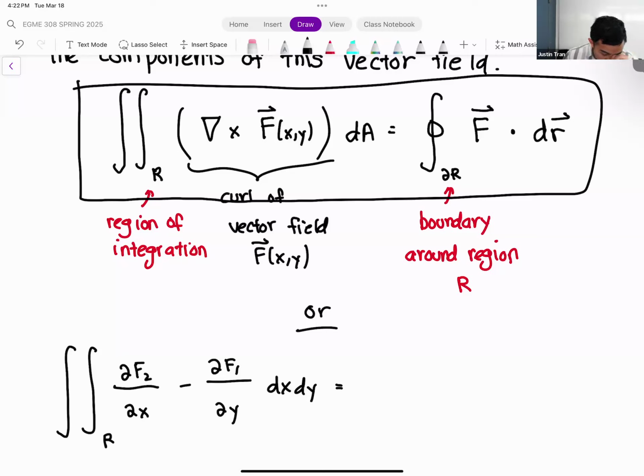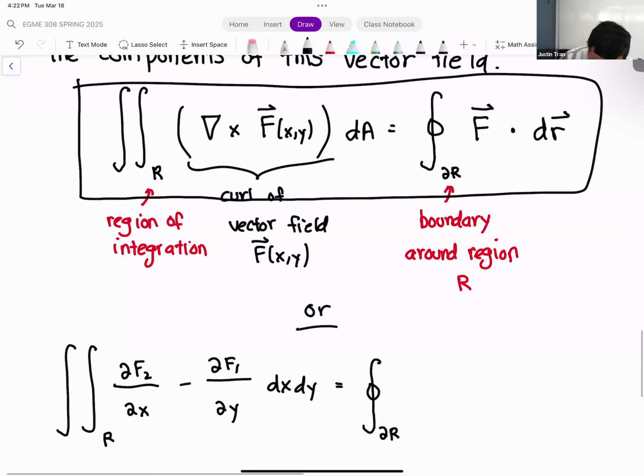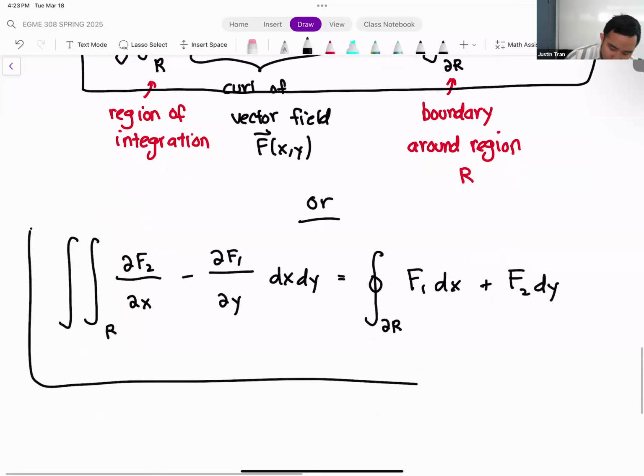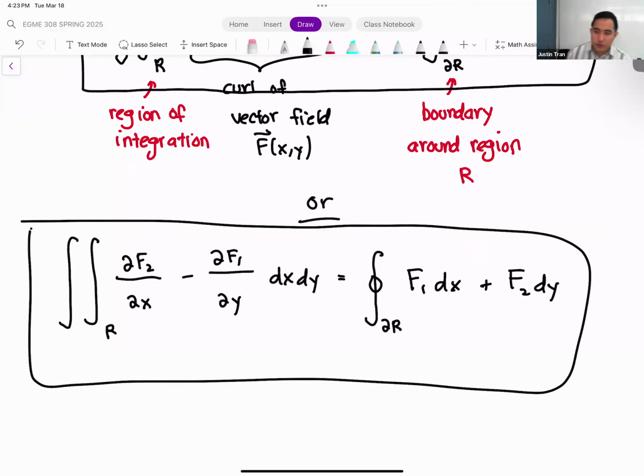And that's equal to the line integral around the boundary of the region R of F1 dx plus F2 dy. This form is a little bit more useful because it gives you things that you can plug in more directly, as opposed to computing the curl and things like that.